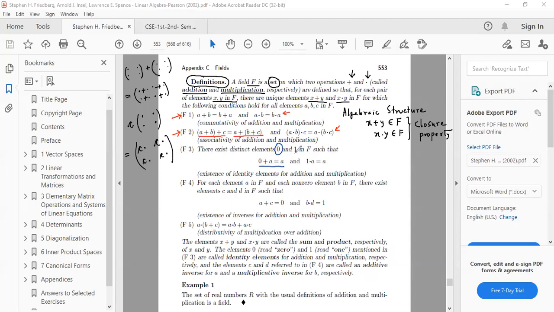Similarly, we need to find an element 1 in F, which when multiplied to any other element of F gives back the element.